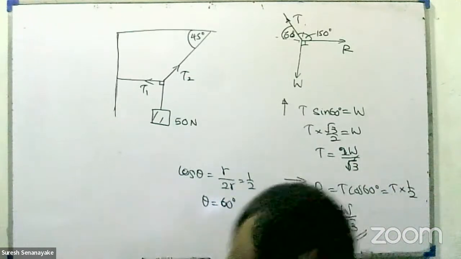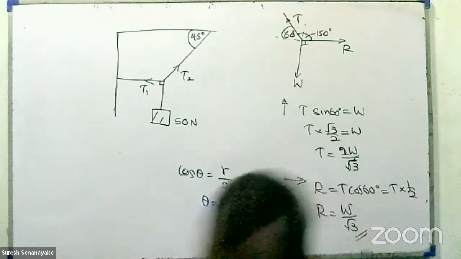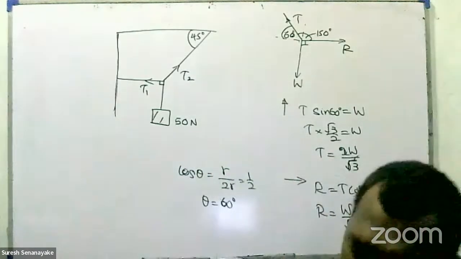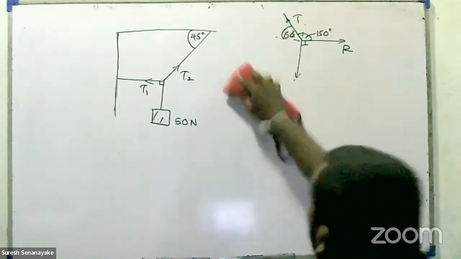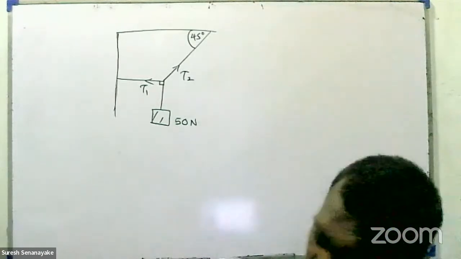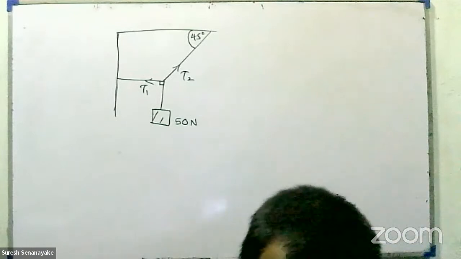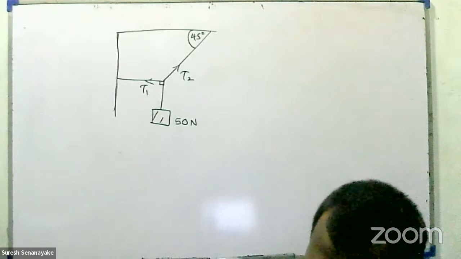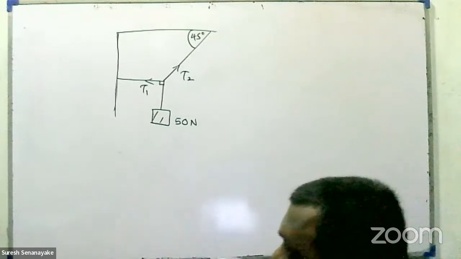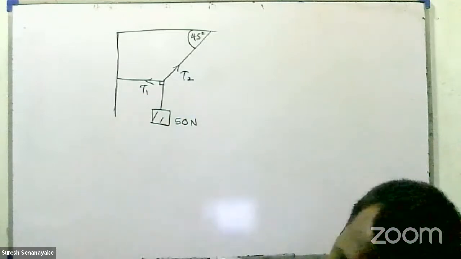Find the tension in each chord of the string as shown in the figure. You can find the tension T1 and T2.